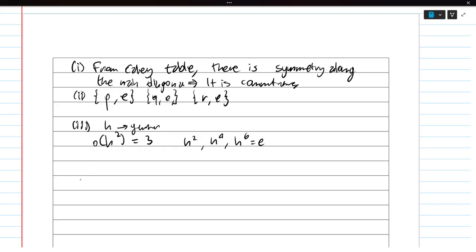So let me find AB. Actually, we checked that earlier. A squared with a to the 3. A squared is B, and B times A is E. Then if we check B, A, B, and also B squared and B cubed, same thing. So A and B are the elements of order 3. Now I'm very interested to know which one.